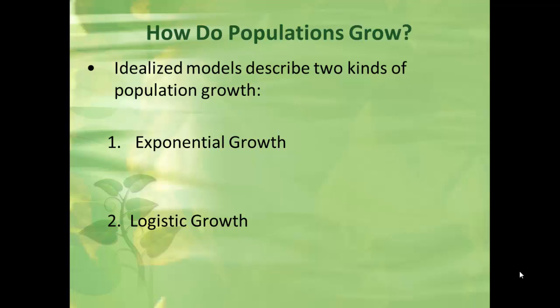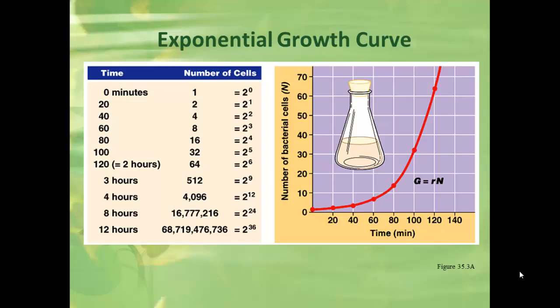Populations are going to grow in various ways. There are models, specifically two kinds, that are going to graph population growth. These are exponential growth and logistic growth. When looking at exponential growth, this growth curve is going to give us a J shape.